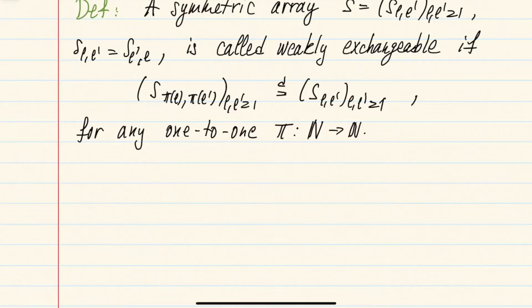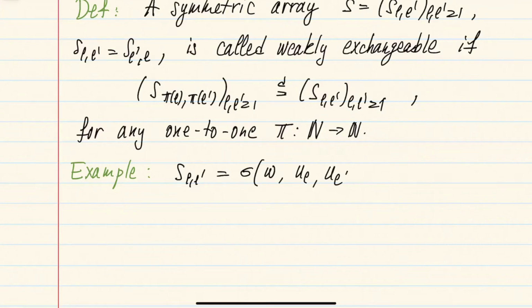And then, similarly to the above, one can easily imagine an example of such an array given in terms of functions of IID uniform random variables. Namely, you can take the array generated by a function sigma, where there is some randomness corresponding to the whole array, there is some randomness corresponding to rows and columns, except here this should be the same sequence, and this function should be symmetric in these two variables.